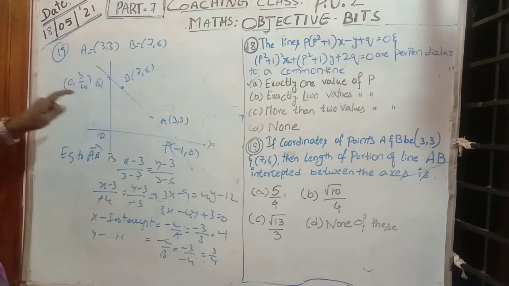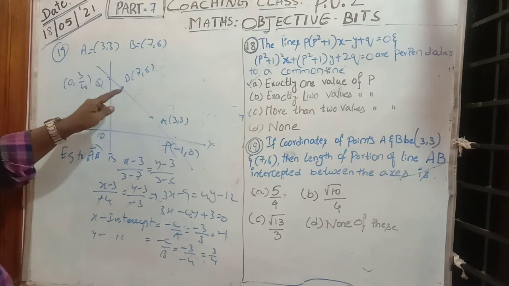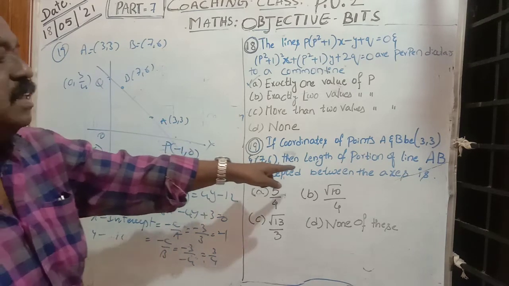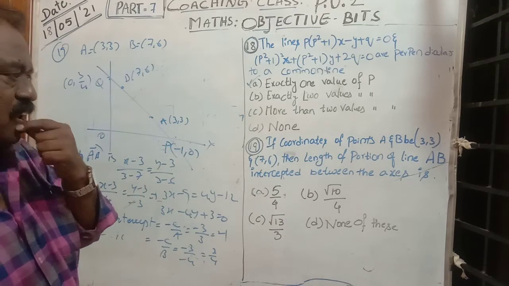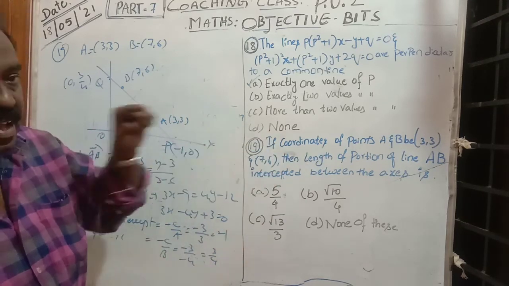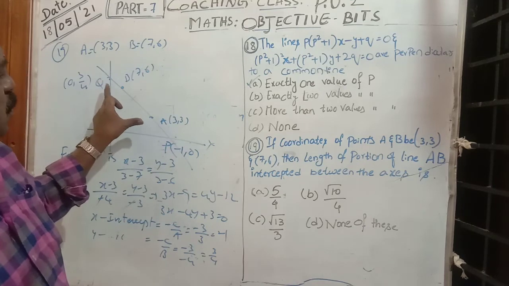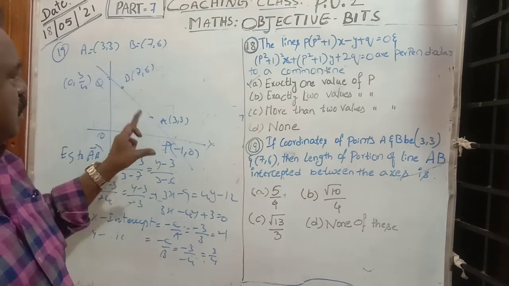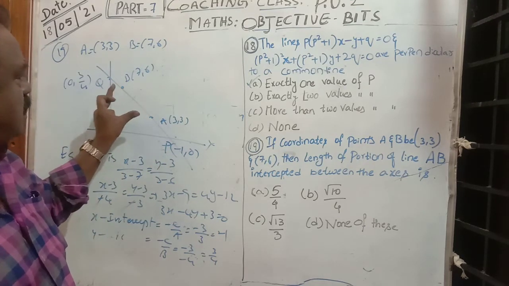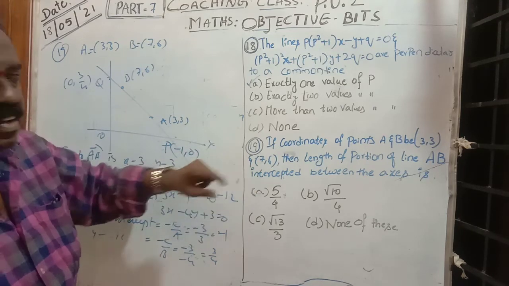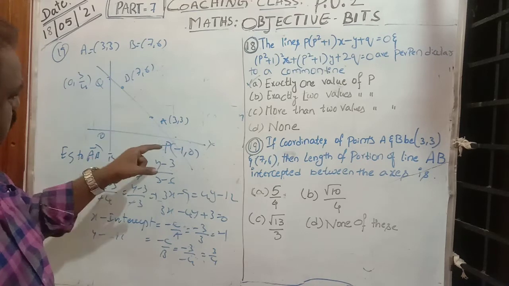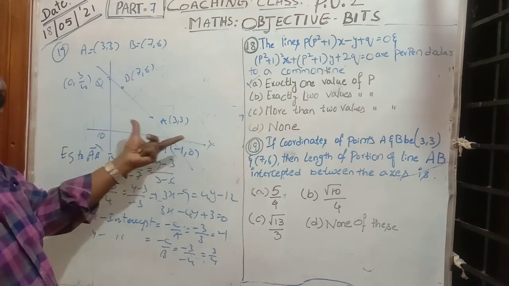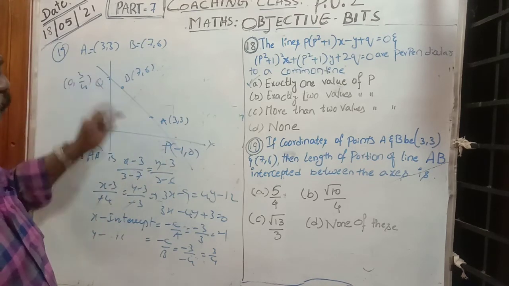We are asked to find not the length of AB, differently asked, but the length of the portion of the line AB intercepted between the axes. The portion of the line AB, not the length of AB. This is the line AB, it is intercepted between the axes as PQ.